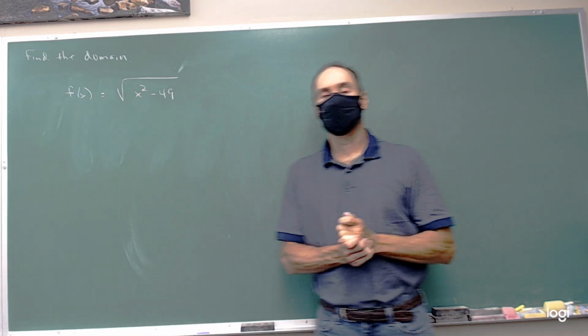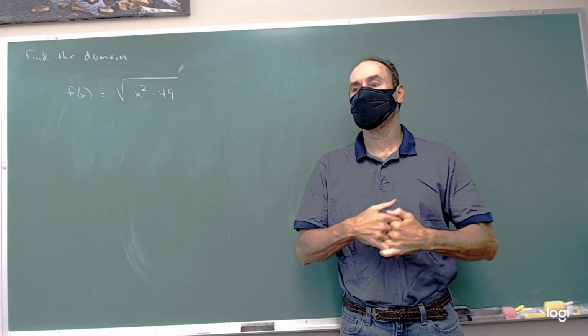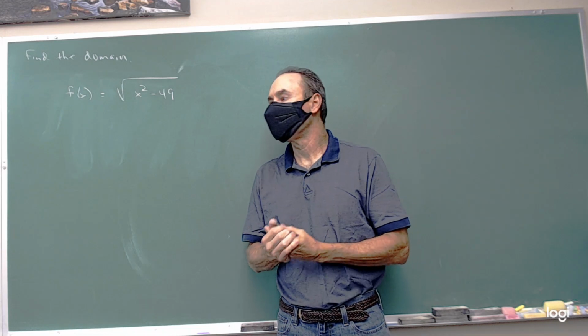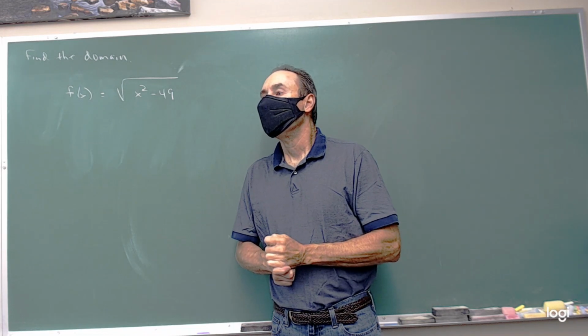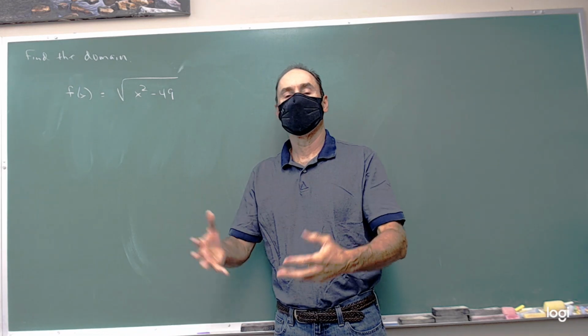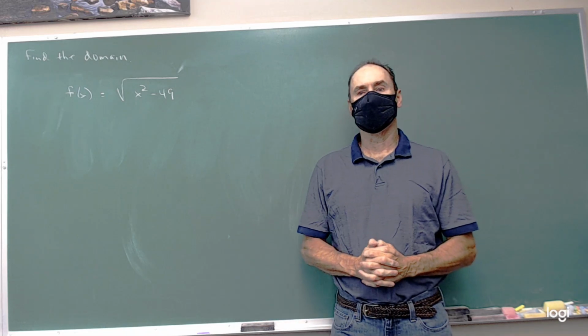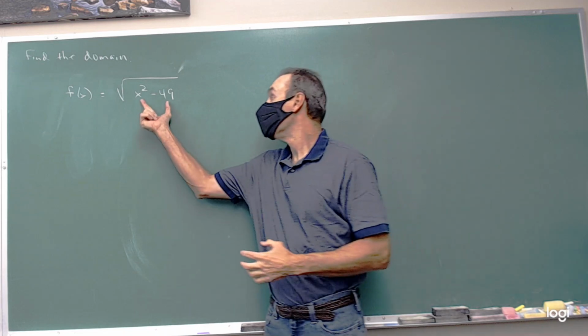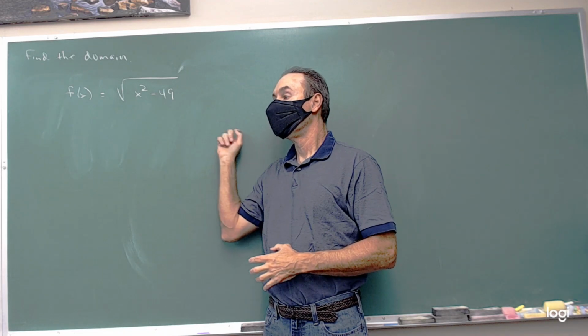Do you need a strategy, to talk strategy before we send different people up here, or are you feeling bold and confident? So strategy, somebody help us out. So how are we going to start this thing? Group what's inside of the radical and make it greater than or equal to 0. Exactly.